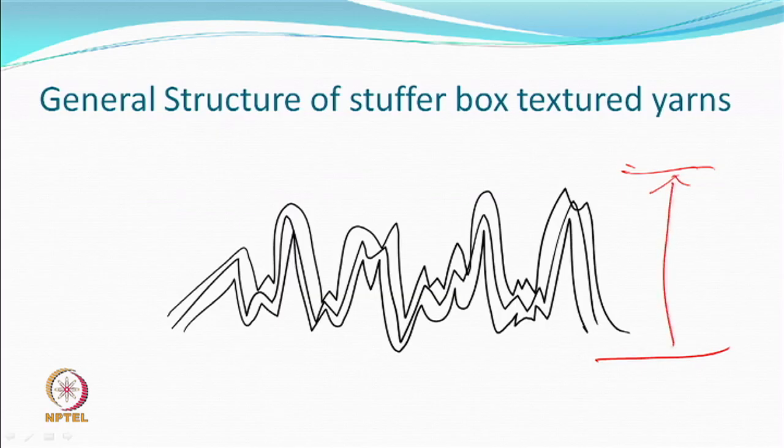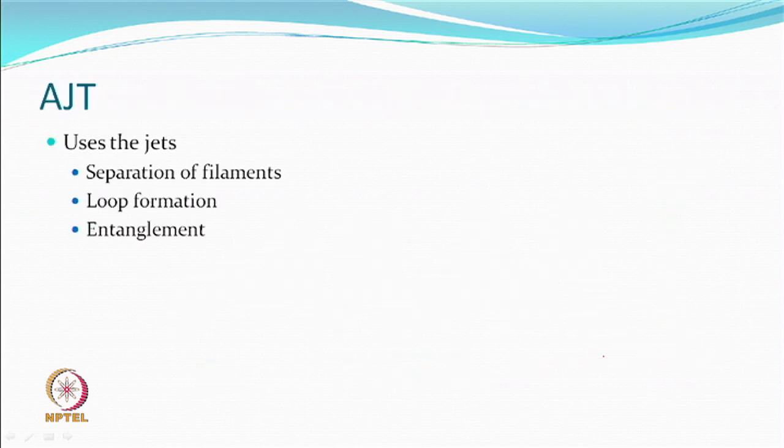It gives you some amount of bulk and some amount of stretch. The air jet textured yarn on the other hand is a process which gives bulk yarn. So, air jet textured yarn is a bulk yarn.